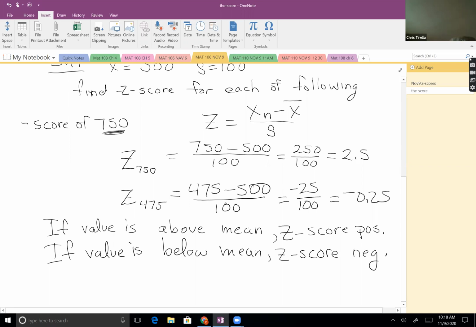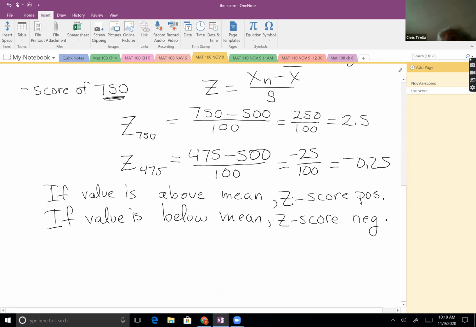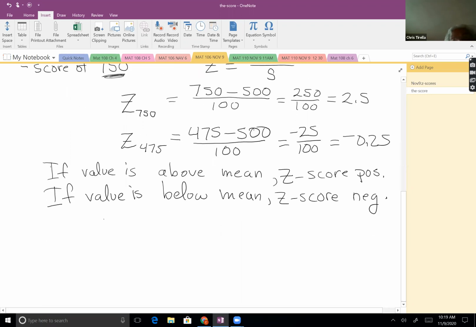And we're going to find that the z-score has several uses. In addition to figuring if you're above or below the mean, the z-score can be used to compare members of different populations.